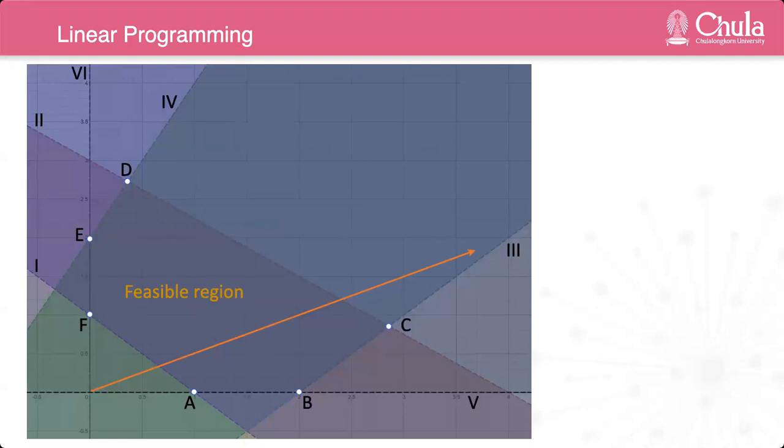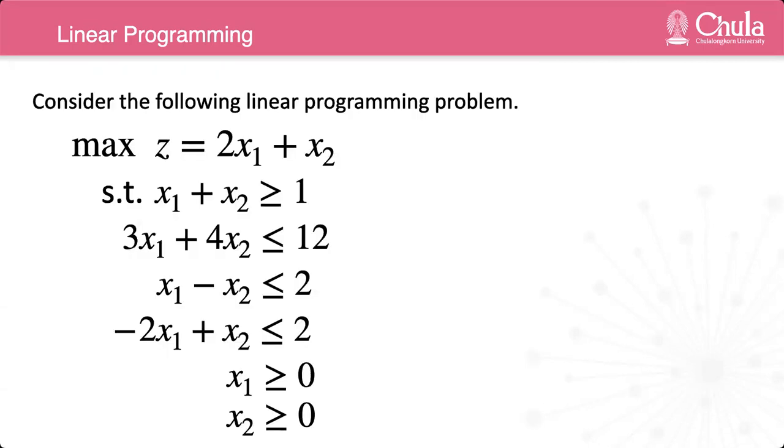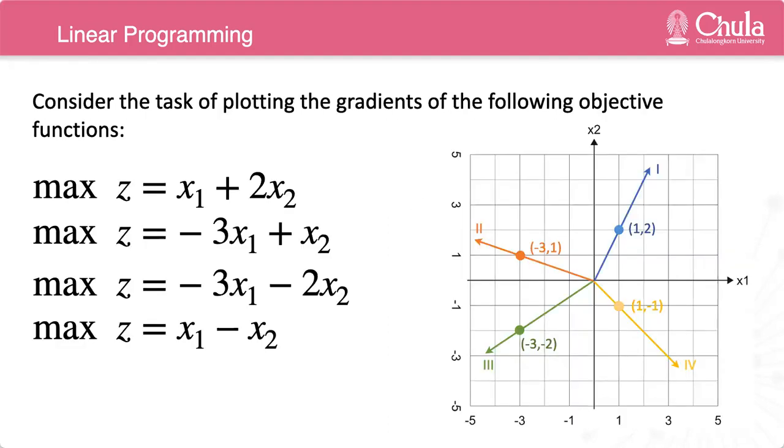What is your question? How do we define the gradient? Well, you draw a line passing through the origin and the point (1, 2).